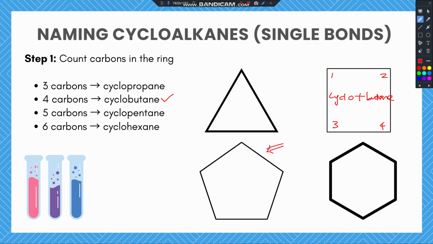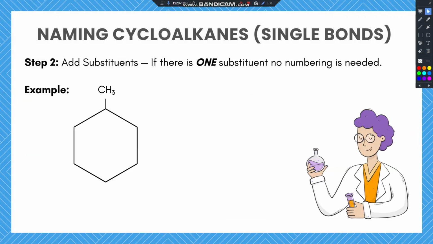We have five carbon atoms, which gives us the parent name pentane. So when we add the prefix cyclo, it becomes cyclopentane. And finally, we have the last one, which has six carbon atoms. When we add the prefix cyclo, it becomes cyclohexane. So that's the basic step-by-step procedure for naming cyclic compounds.